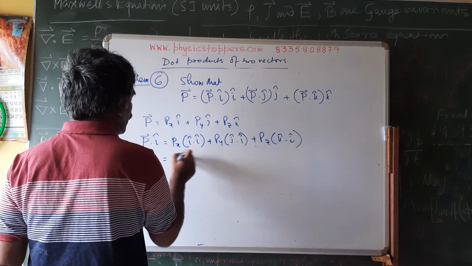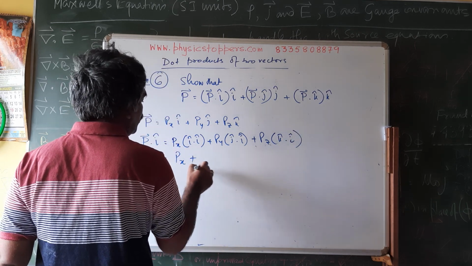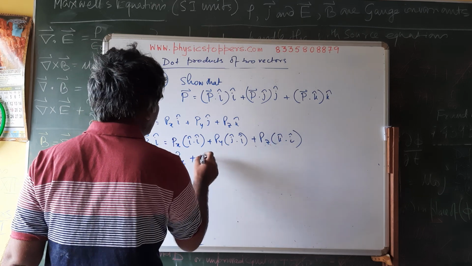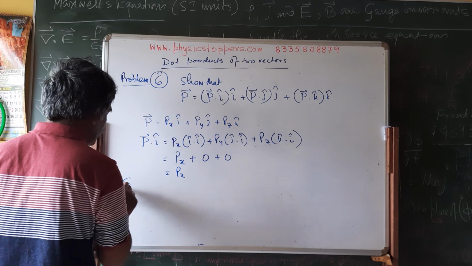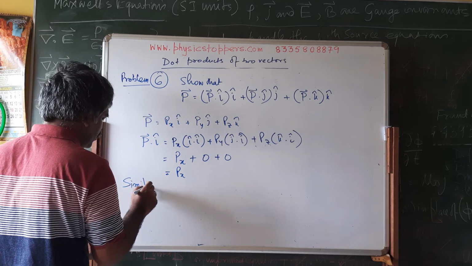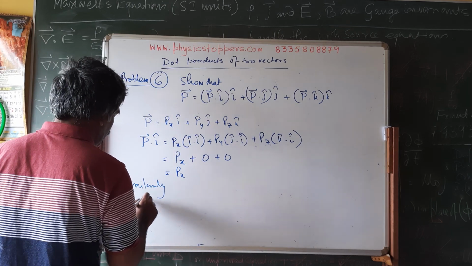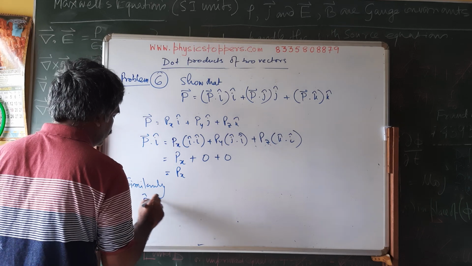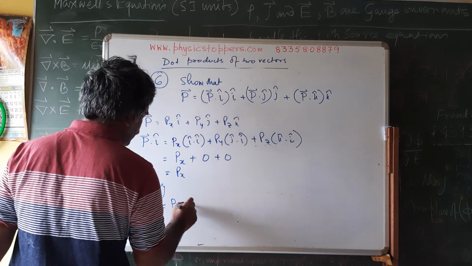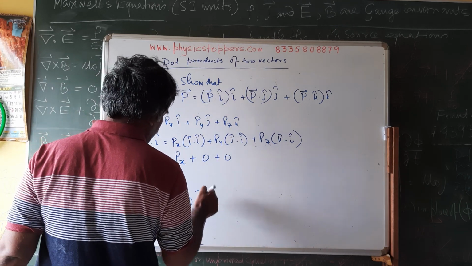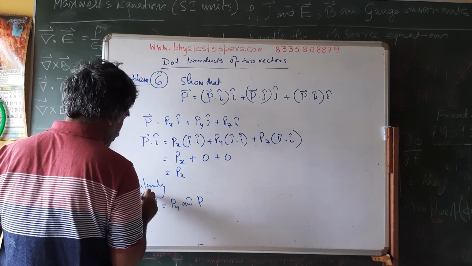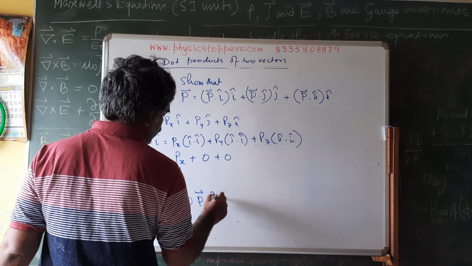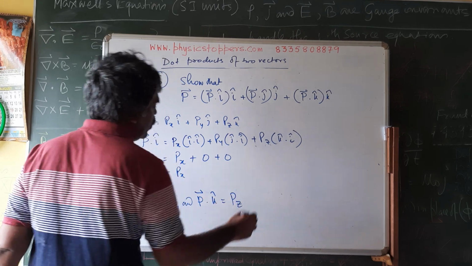This thing is 1, so this is Px, plus this thing is 0 and this thing is 0, so that is Px. Similarly, P dot j is Py and P vector dot k cap is Pz.